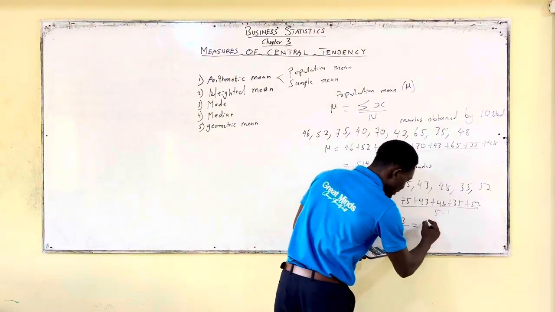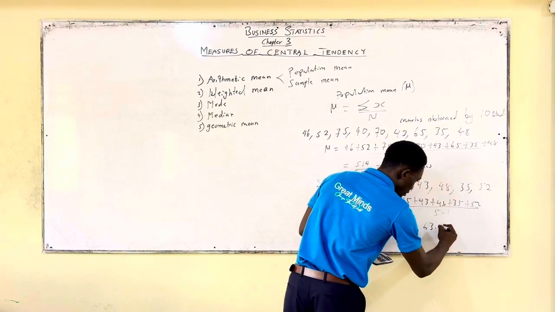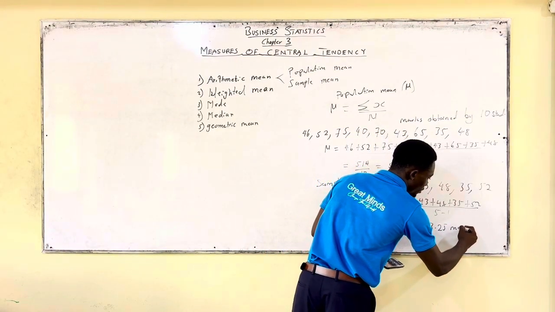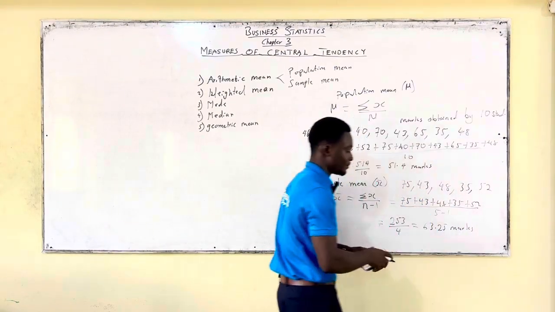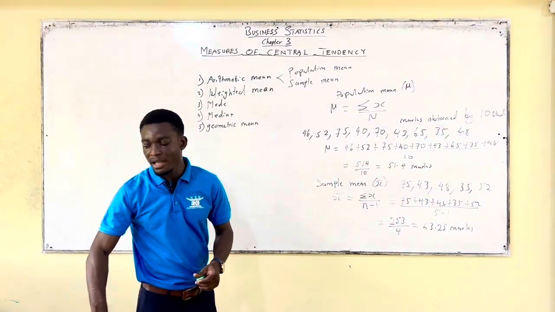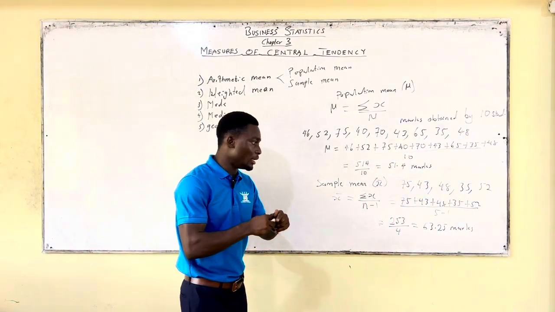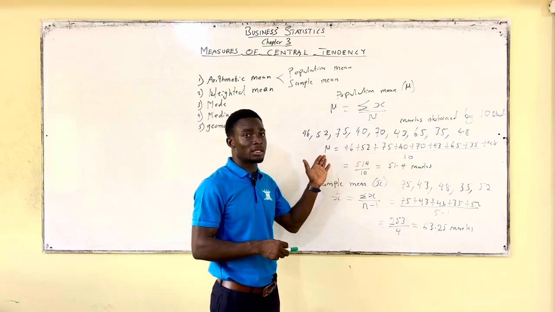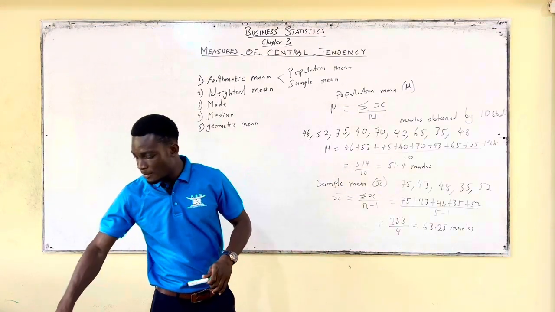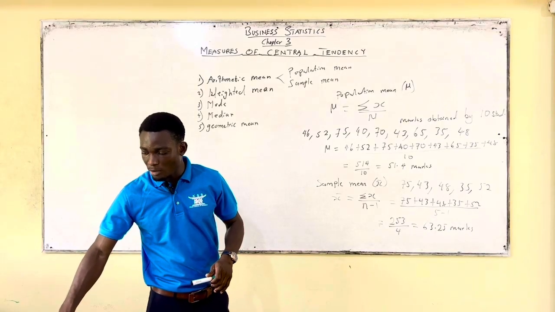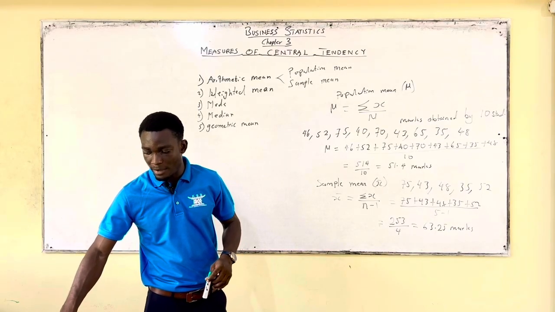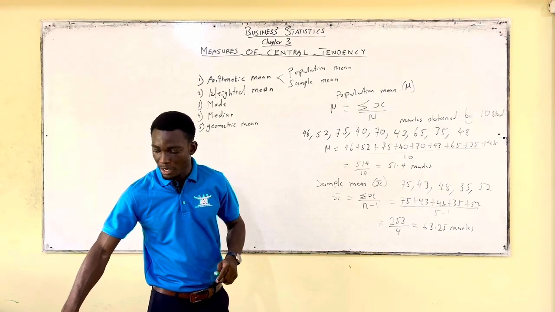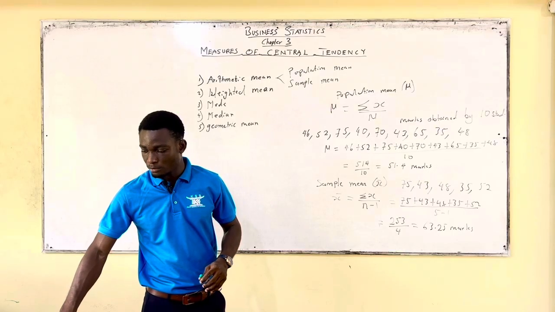And that's going to give us 63.25 marks. So whenever you are asked to find sample mean, this is how you do it. And whenever you are asked to find population mean, this is how you do it. Now in your slides, you have a number of questions that you can try your hands on as well.